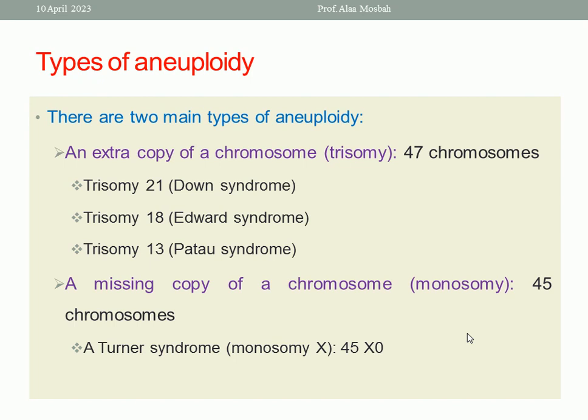All of us know Turner syndrome, there is absence of one of the sex chromosomes. So the total number is 45X0. Okay? So now we understand that aneuploidy could be trisomy or monosomy.